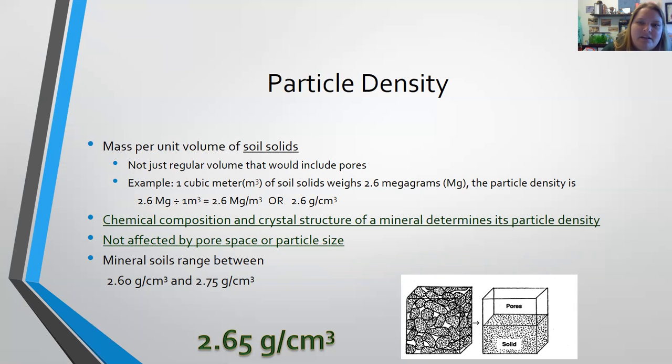So it's still an important characteristic because the chemical composition and crystal structure of a mineral determines its particle density. Again, it can tell us how much pore space was originally in that sample by taking out the solid space, and it's just a handy thing to know.